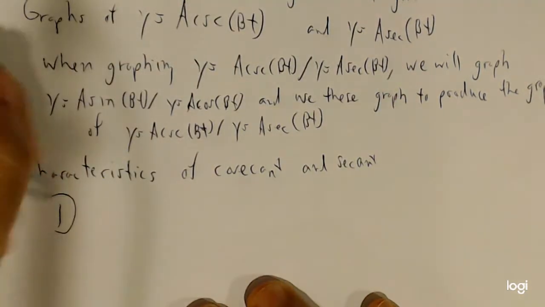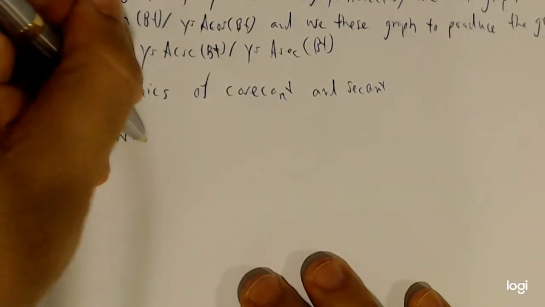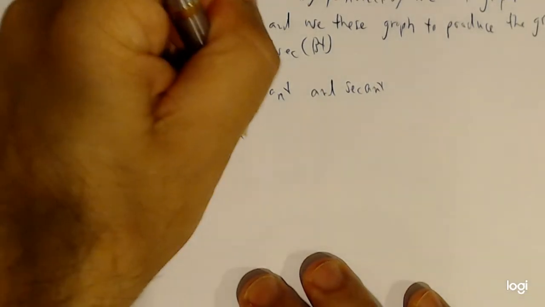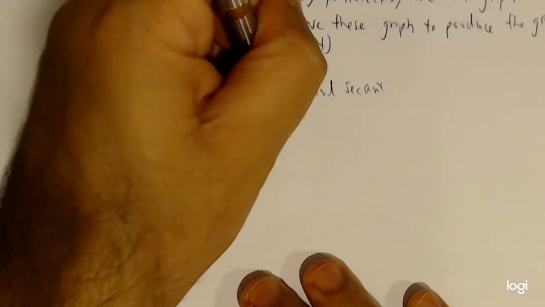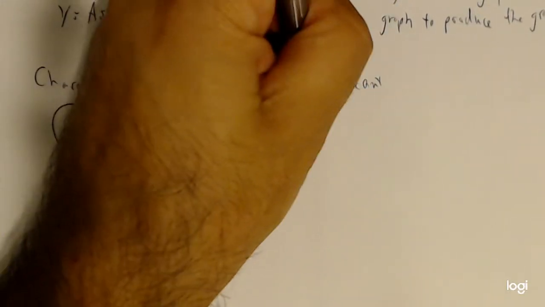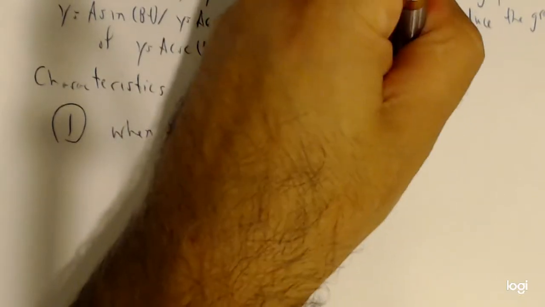The first one is when sine of t or cosine of t equals 0, this means that cosecant of t and secant of t are undefined.